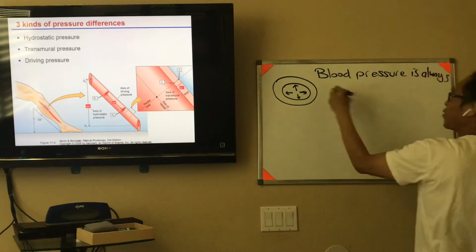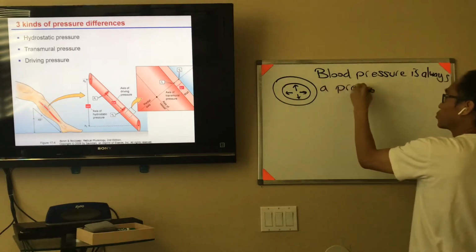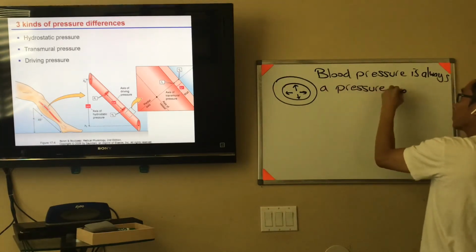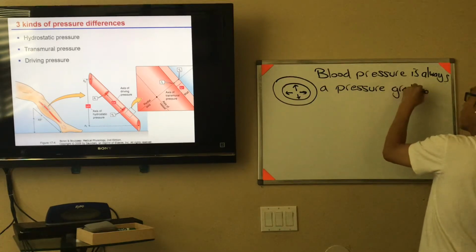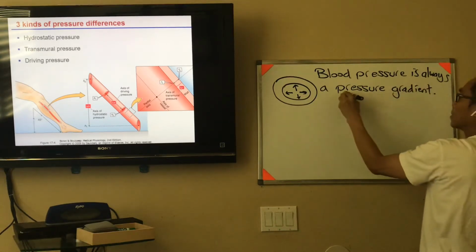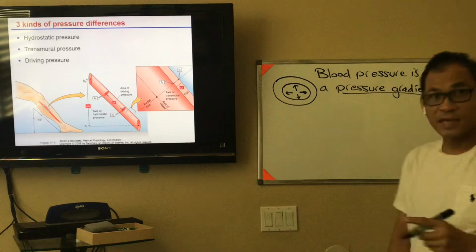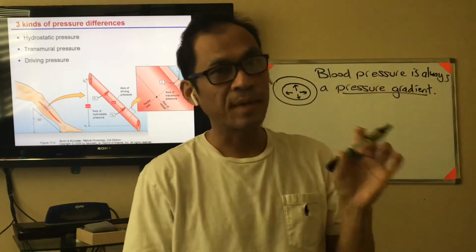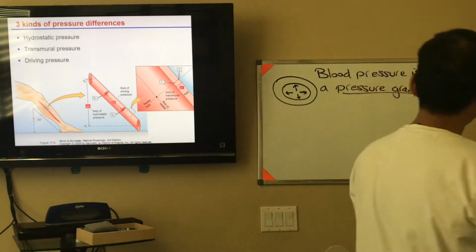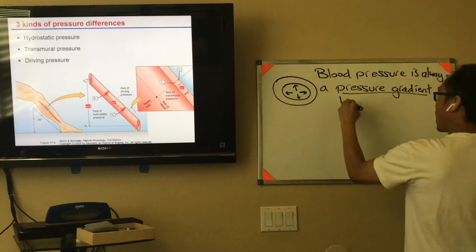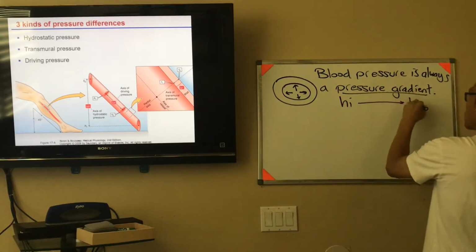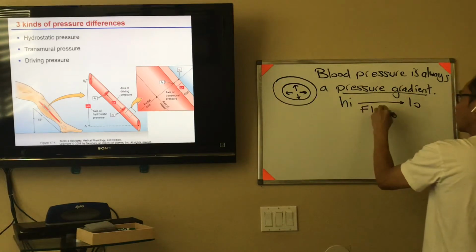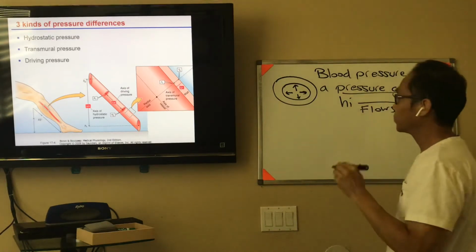Blood pressure is always a pressure gradient, because as you learned from studying the cardiac cycle, blood flows from an area of higher pressure to lower pressure. Blood flows from high to low.